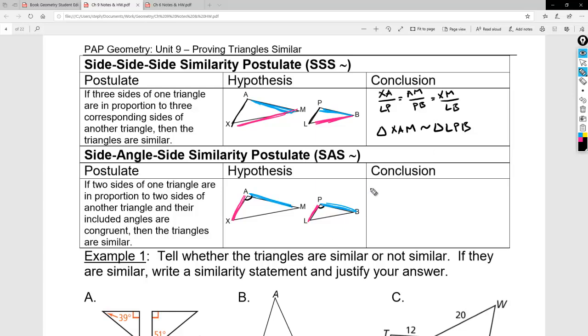So if, let's say, right over here, XA over LP is equal to AM over PB, and the measure of angle A is equal to the measure of angle P, or you could say angle A is congruent to angle P, then these triangles, XAM and LPB, must be similar.